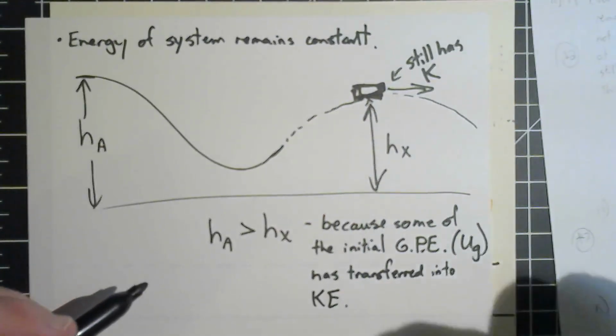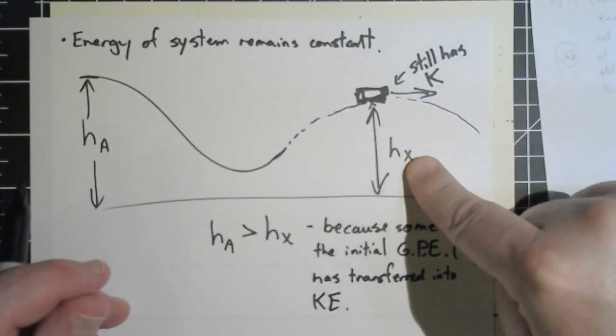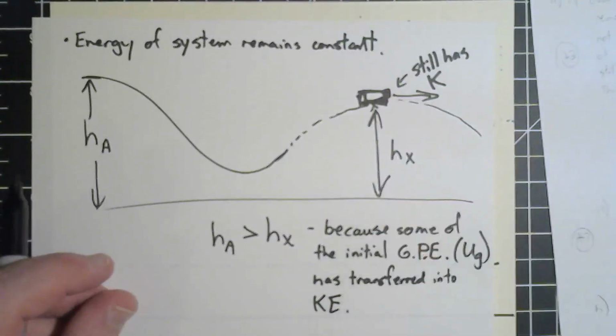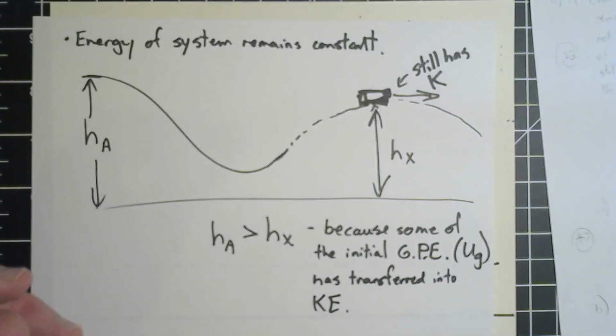And because there's kinetic energy here, you don't have as much potential energy available, so therefore your height is going to be less, right?